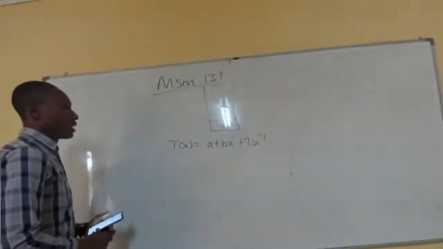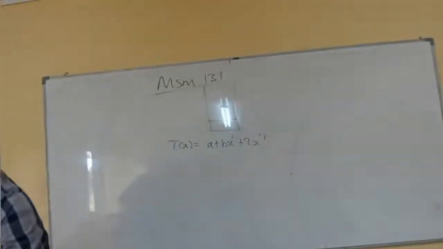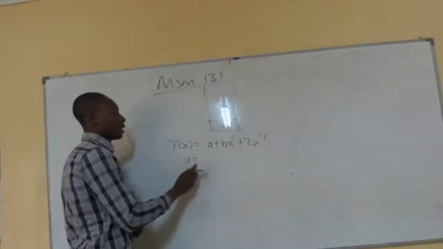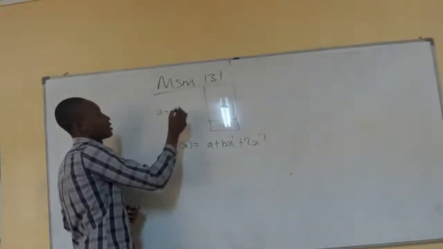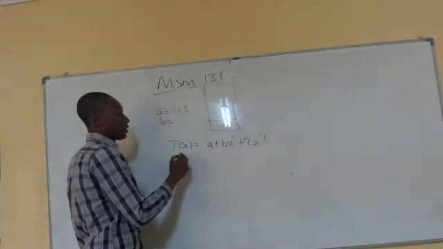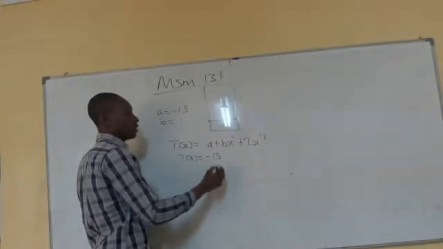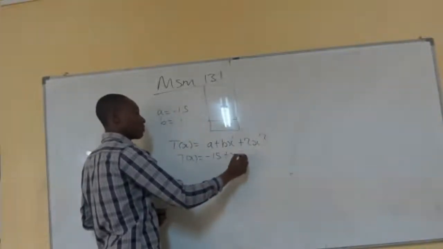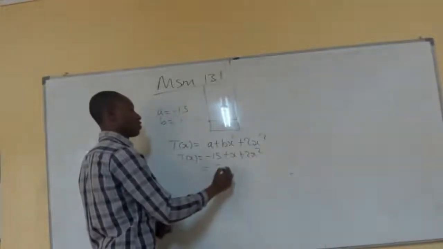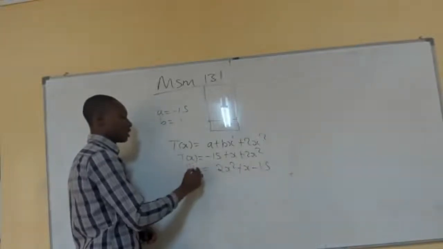Now that we know A was found as negative 15 and B was found as 1, T(x) is now equal to negative 15 plus x plus 2x squared. Alright, if we write it, T(x) is 2x squared plus x minus 15.